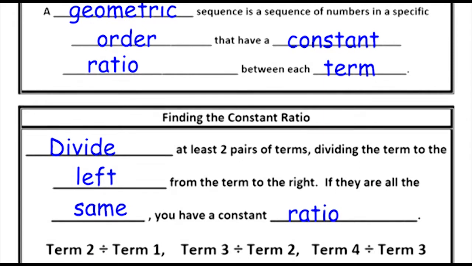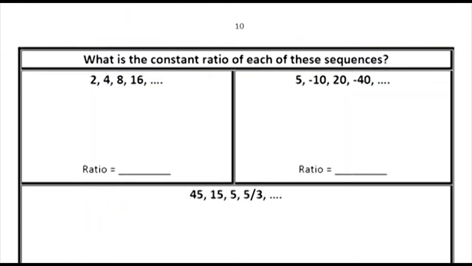So I have a sequence here. 2, 4, 8, 16. 4 divided by 2, or you can write as a fraction or a ratio. 4 over 2 simplifies down to 2. You could also just write simply as division and get either a whole number or a decimal, which could happen. 8 divided by 4 gives me a constant ratio of 2. They are the same ratio, so they are a constant ratio.